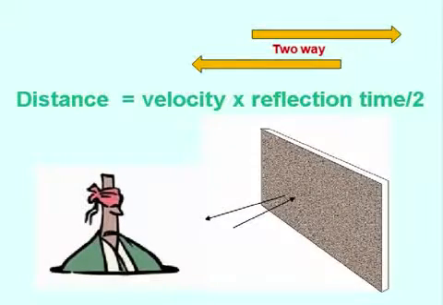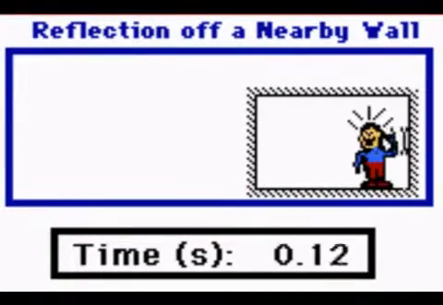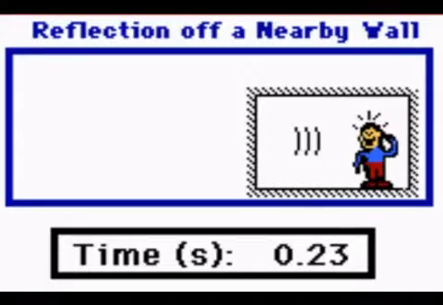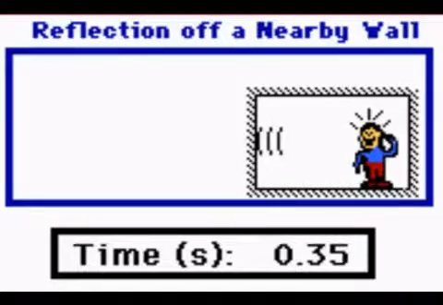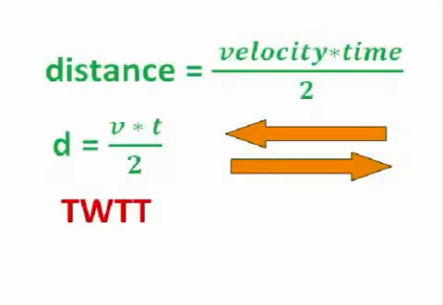The blindfolded geoscientist figures how far away the wall is. Remember, he measures the time it took for the sound wave to travel to the wall and back. If he only wants to measure the time it took for the sound wave to travel just to the wall, then he must divide the travel time by 2.